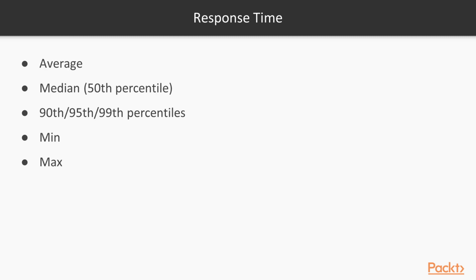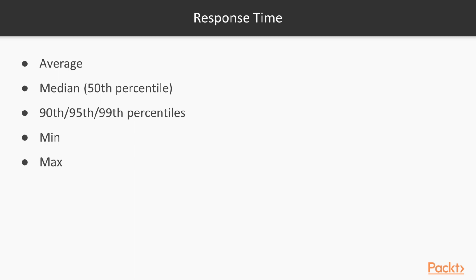Let's take a closer look at response time types. First one is average. It is a simple metric. Imagine that you got, for example, 10 response times. To get the average, you need to sum them and divide by their count.